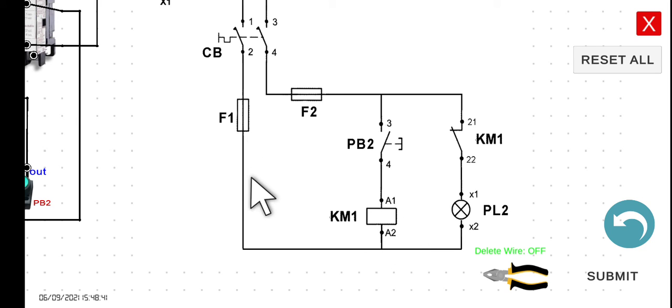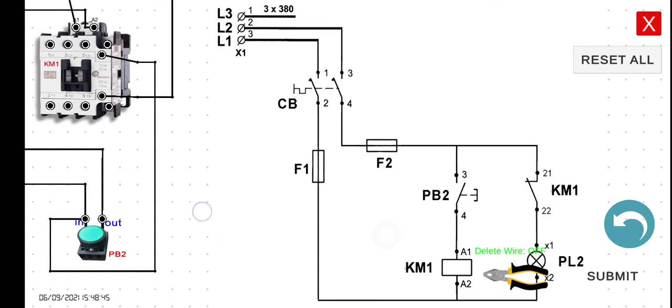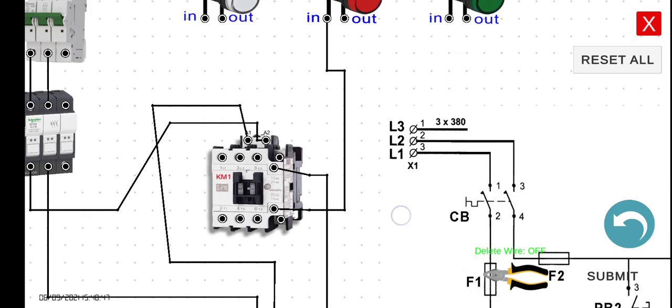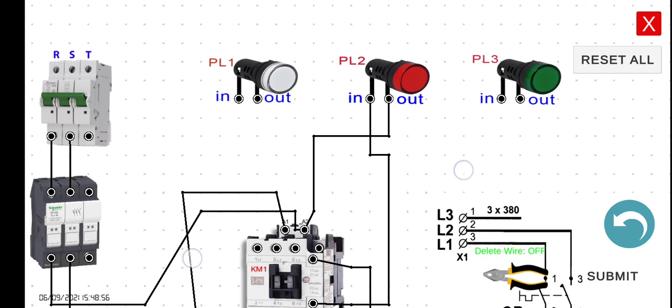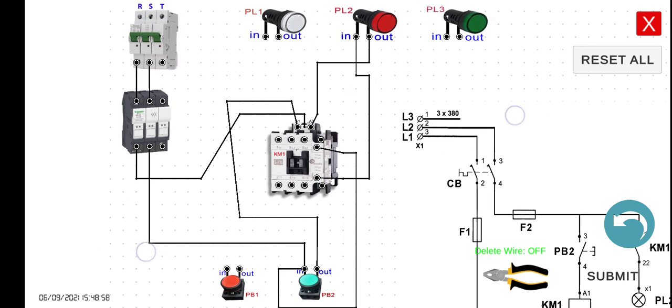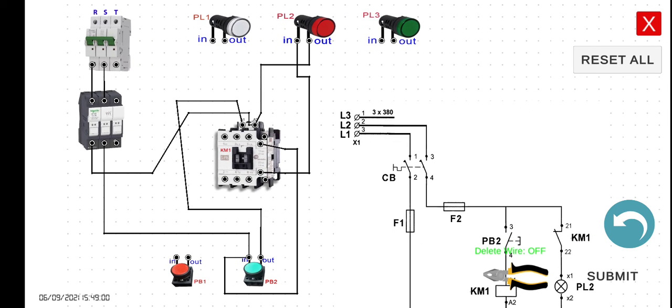Same as in the previous lecture, it would be easier if we connect this one to the A2 of our contactor. Let's zoom out, and to verify if our circuit is correct, let's click the submit button.